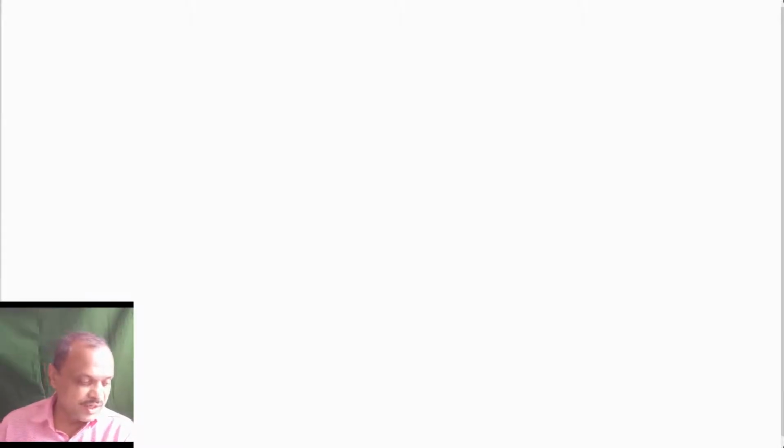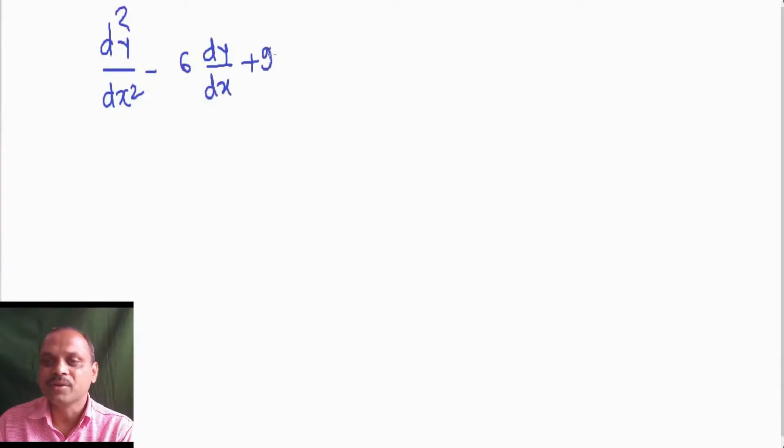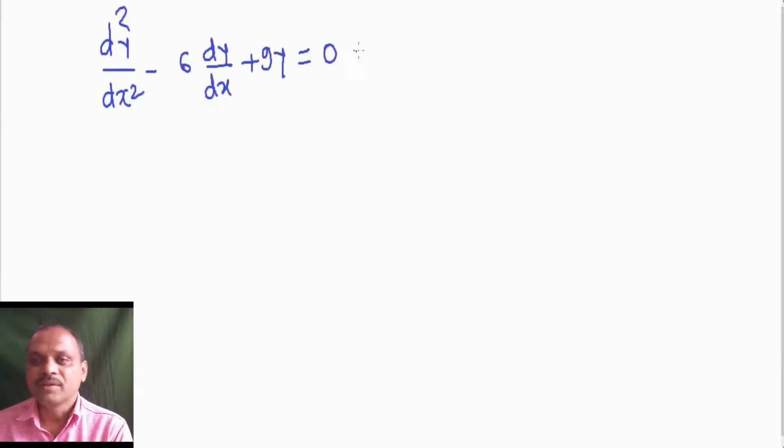Let us suppose that my equation is d²y/dx² minus 6 dy/dx plus 9y equals 0. Then you can see how to write the auxiliary equation. Let us see the order of this differential equation. What is the order? The order is 2. So write down m² minus, constant as it is.